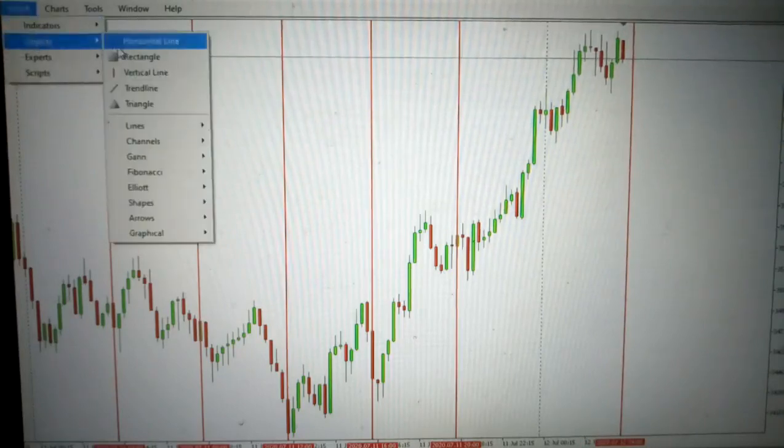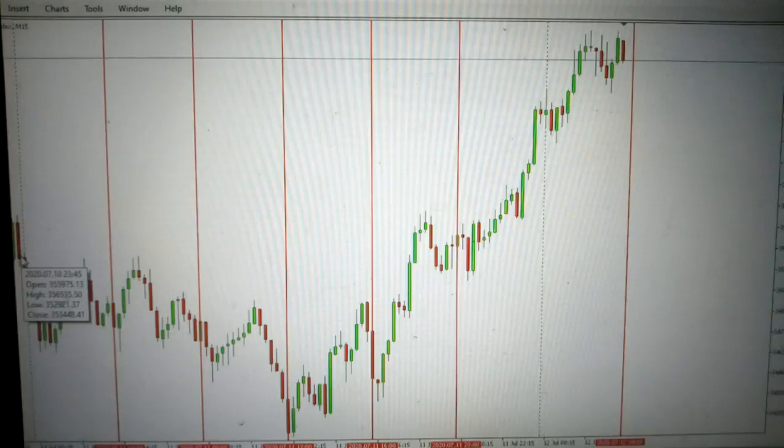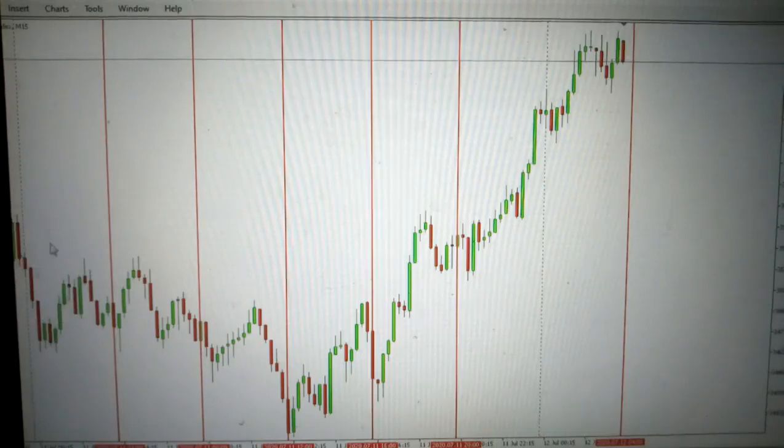the closing price. I'm going to mark out the closing price of the first 4-hour. I'll place horizontal line on that mark, and also identify the closing price of the next 4-hour, and I also place horizontal line on that point, so that I'll have more like a rectangular shape of how price moved.